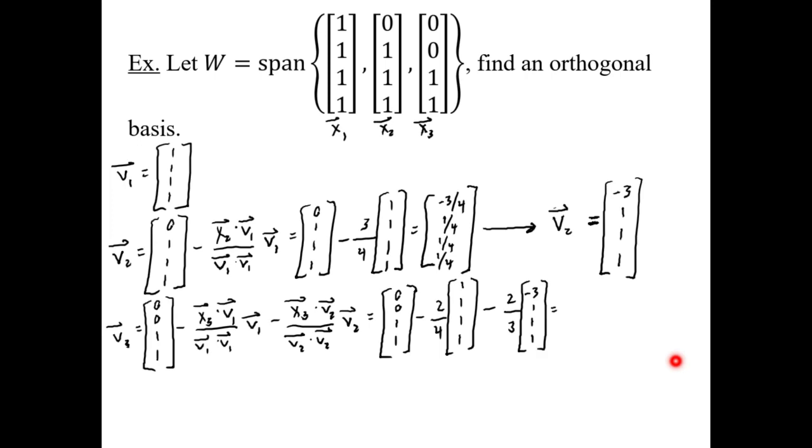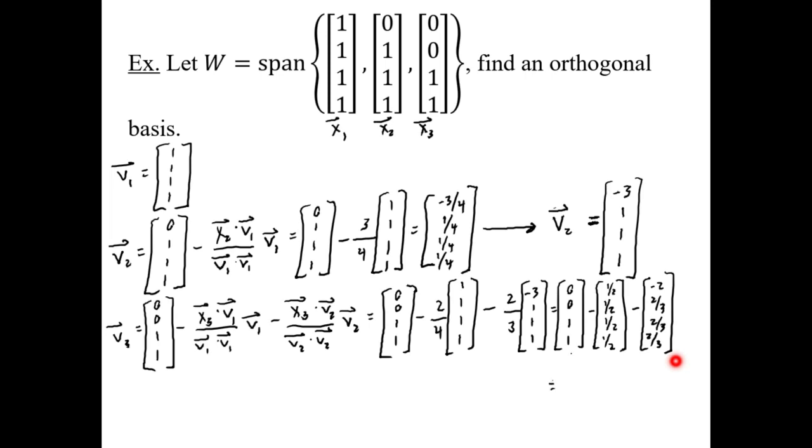If I combine all this, we're going to get 0, 0, 1, 1, minus 1/2, 1/2, 1/2, 1/2, minus, now I'm only bringing the positive 2/3, so it'll be negative 2, 2/3, 2/3, 2/3.